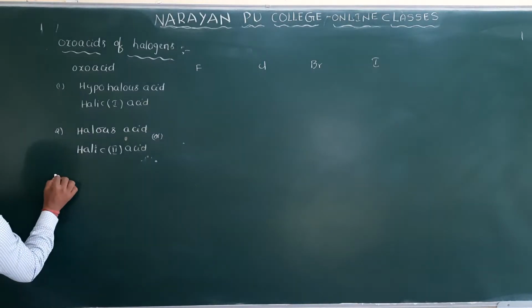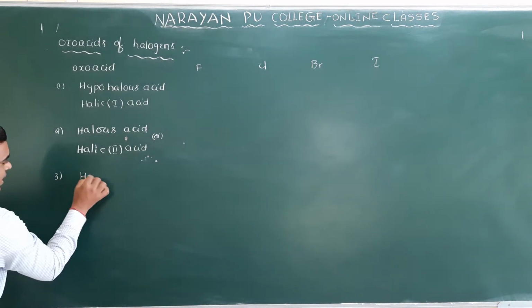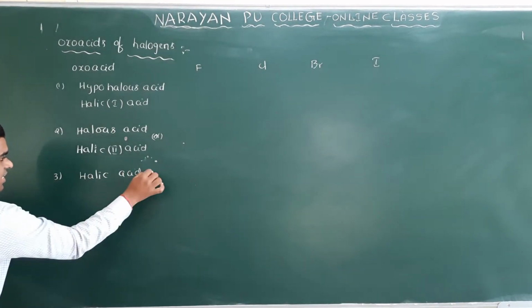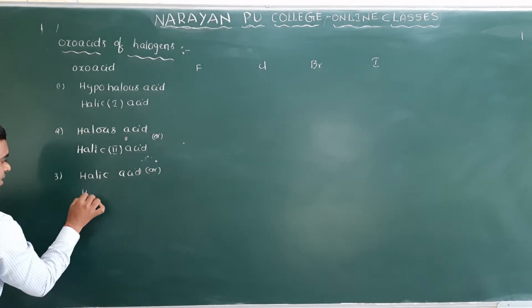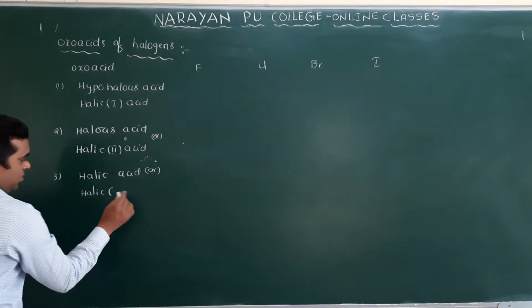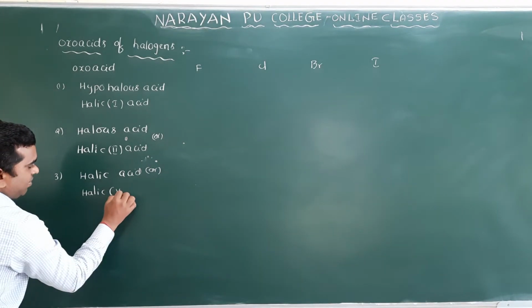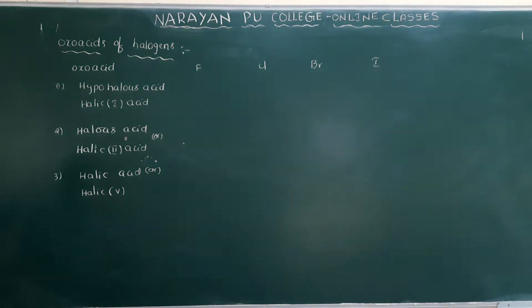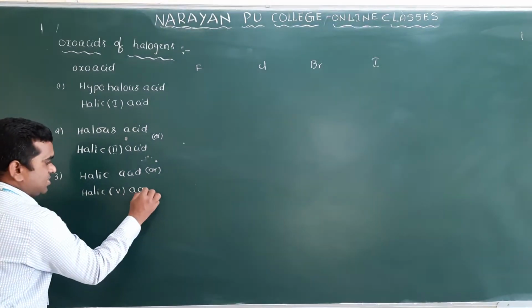In the same way, the third one is halic acid, or we can write halic 5 acid. So HClO3 is halic 5 acid.